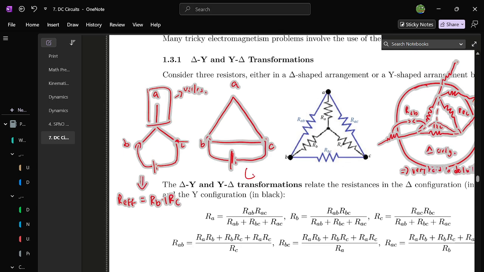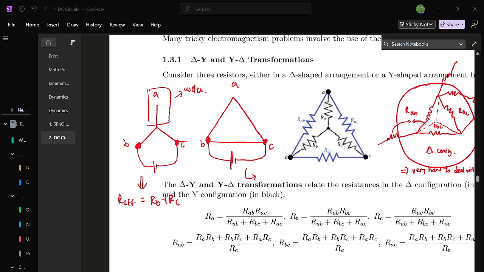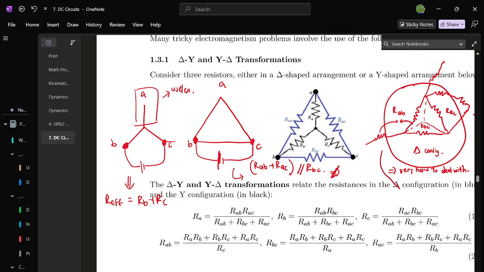But in this configuration, your effective resistance is the same as RAB plus RAC in parallel with RBC, which is RBC times (RAB plus RAC) over (RAB plus RAC plus RBC), equals R effective.